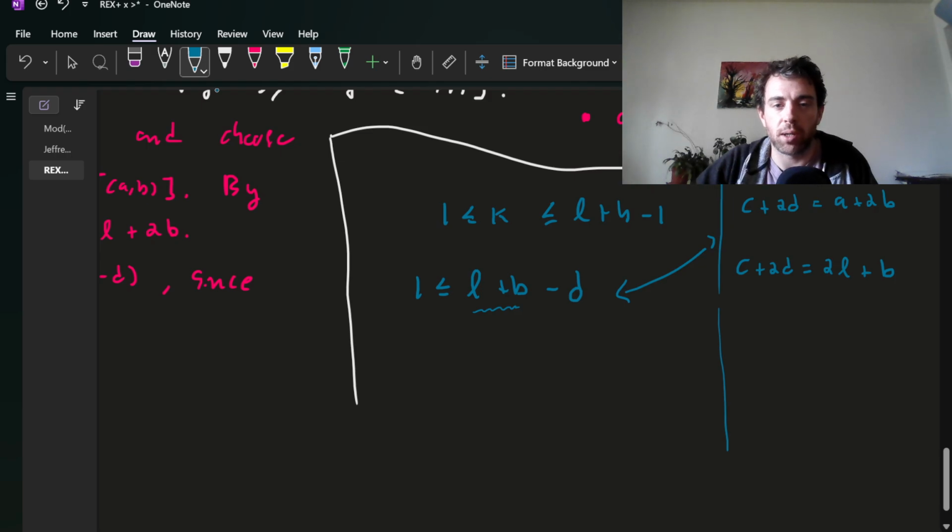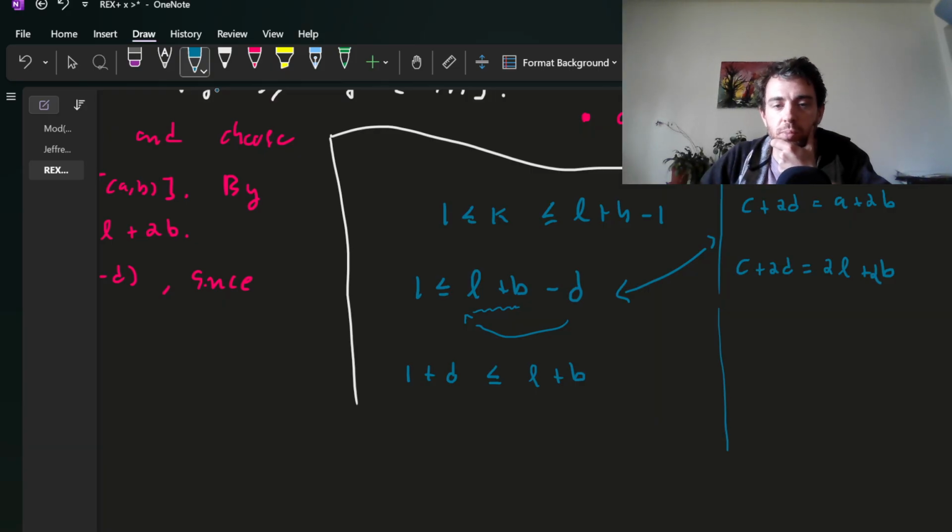How do we make things even closer? Well, maybe I could move this D over here. So I have C plus D less than or equal to L plus B. Okay, how do we make these things look closer? Oh, sorry, there should be a 2B here. Well, there's a 2 missing, right?